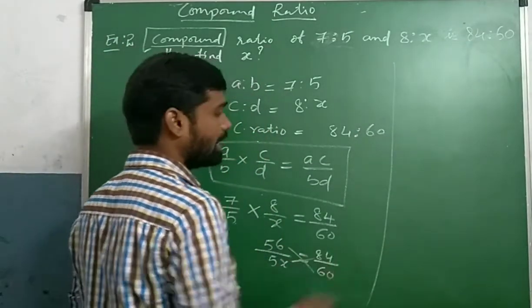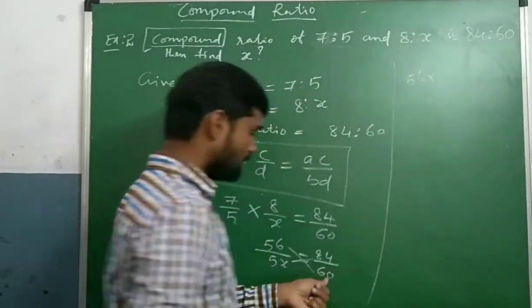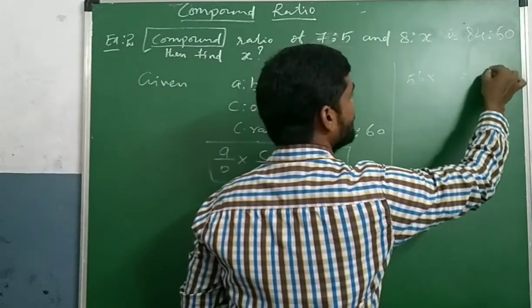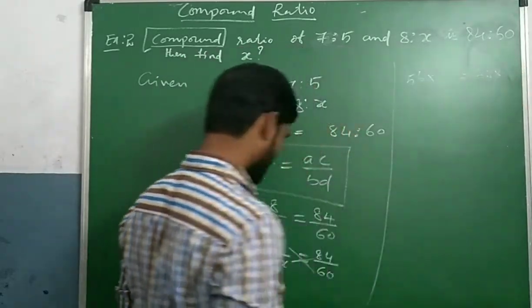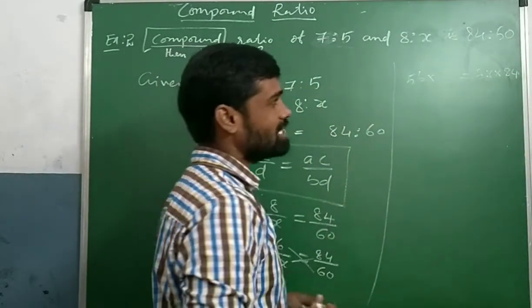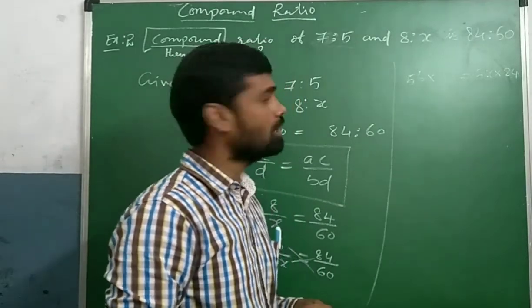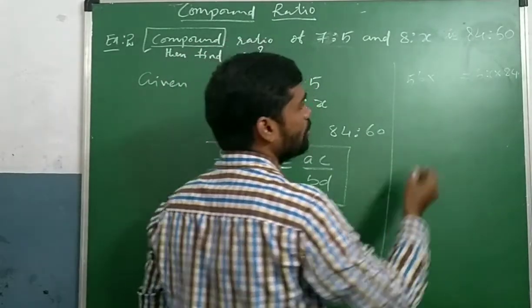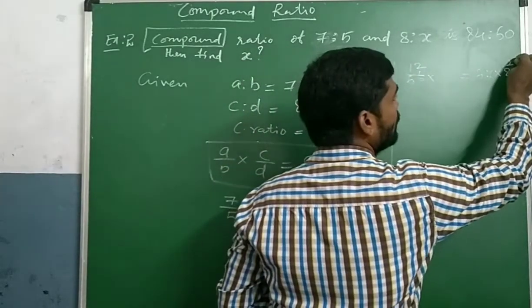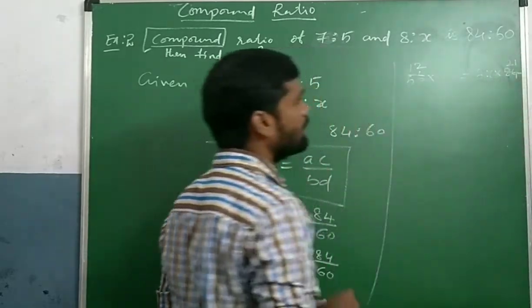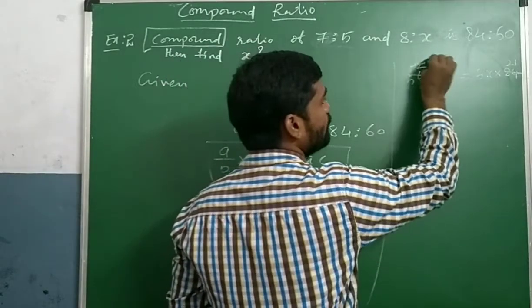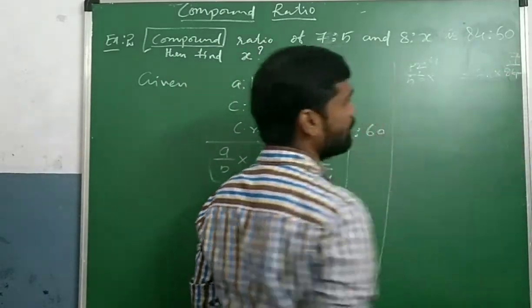Now let us simplify this part. Do the cross multiplication, so that 56 into 60 is on one side and 5x goes to the other side, 5x into 84. We know very well that 84 and 56 are both multiples of 4, so we can use the 4 table. Then 12 and 21 are both multiples of 3: 3 4s are 12 and 3 7s are 21.